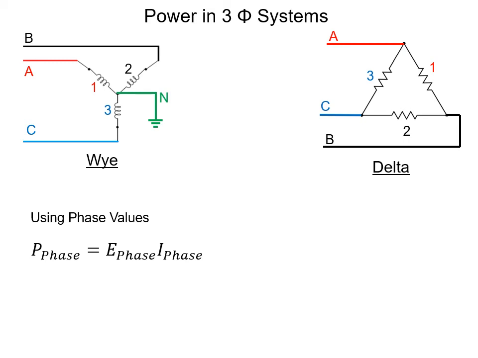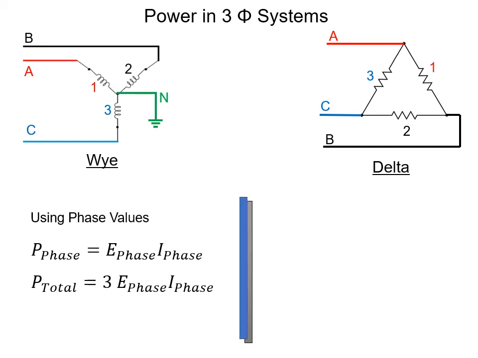And since there are three of them, we know that power always adds. Our total power would just be 3 times E phase I phase. Another way to look at it is that if I added two phases together, I would end up with a line.